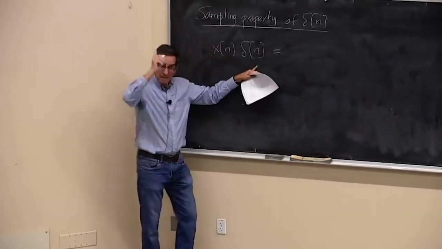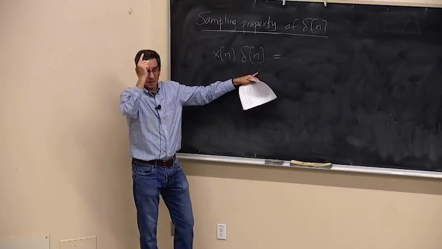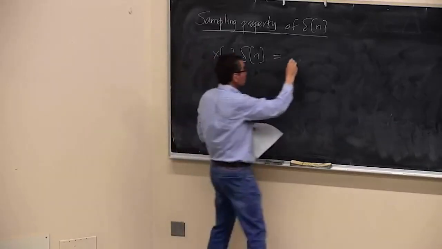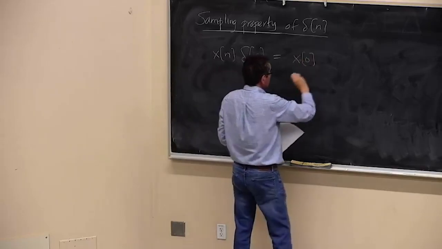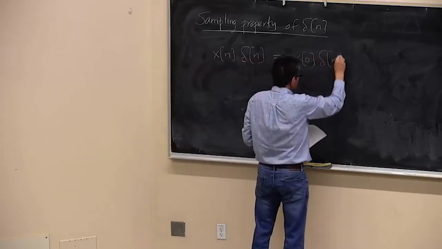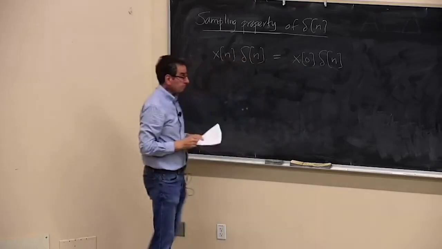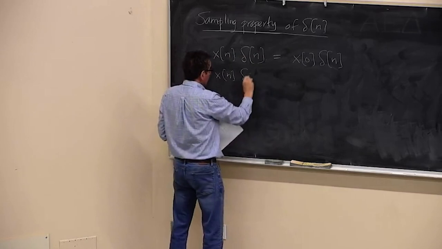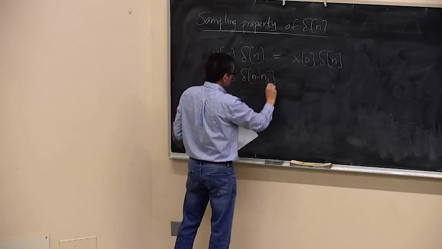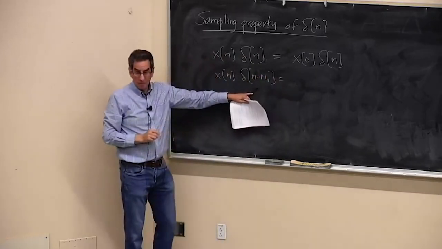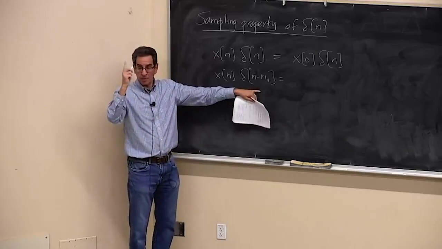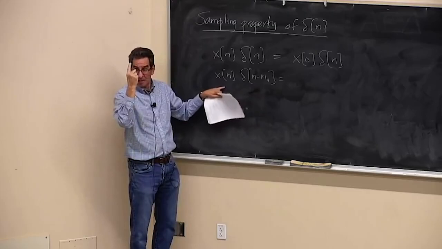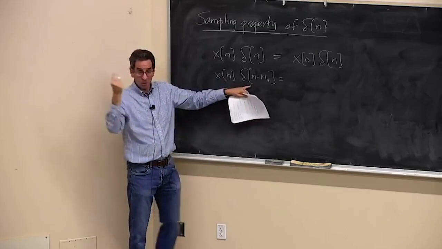Well, that stem at 0 picks out the value of x at time 0, and it zeroes everything else out. So what you end up with is x of 0 times a unit impulse. And similarly, if we multiply a signal by a time-shifted impulse, now the stem is sitting at time n equals n0, so that one is going to just pick out the value of x at that time, and then it's going to zero everything else out.